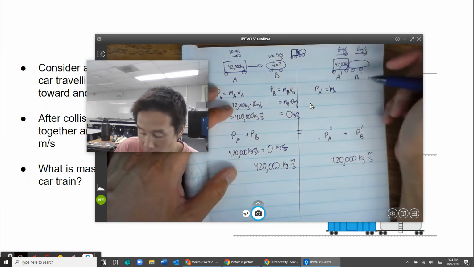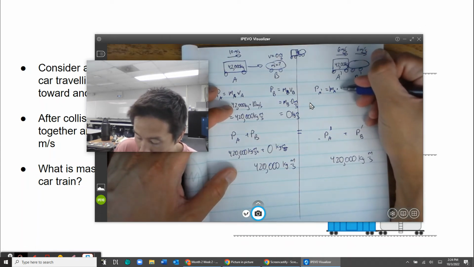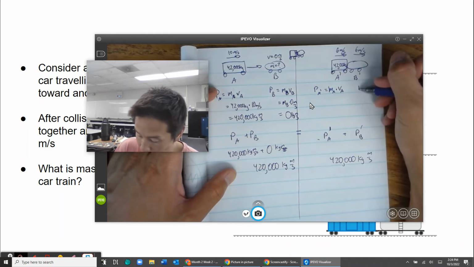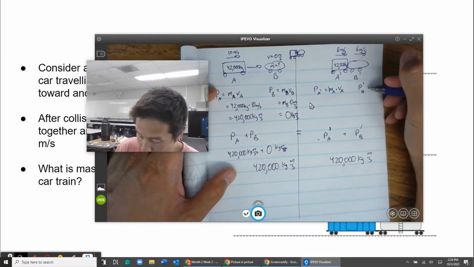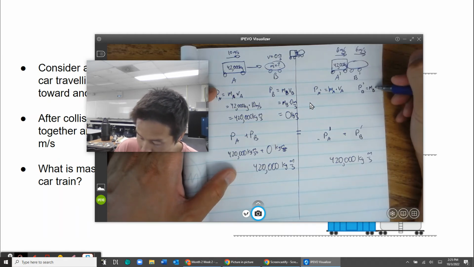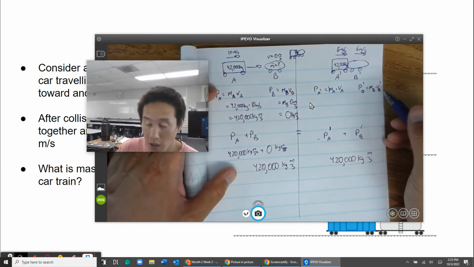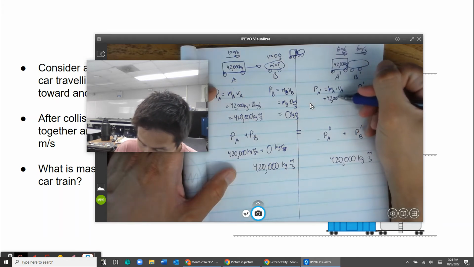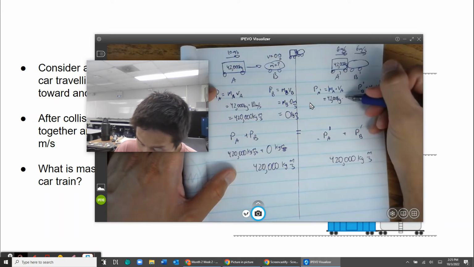So I can just leave it as MA times the new velocity of A, which in this case is 6 meters per second. And then PB prime is going to be the mass of B, which I really don't know still, times the new velocity of B, the prime B. So let's plug in some stuff. So that's 42,000 kilograms times 6 meters per second.